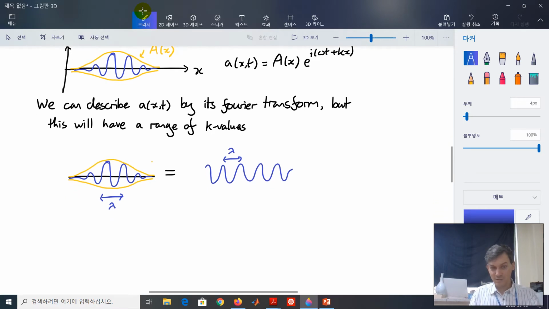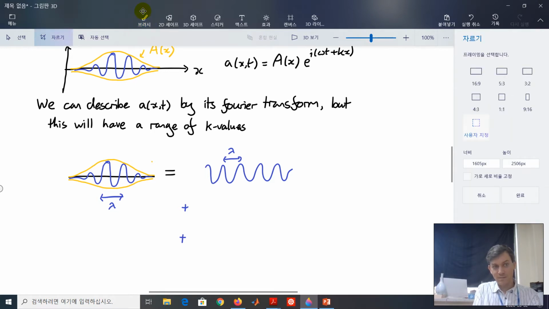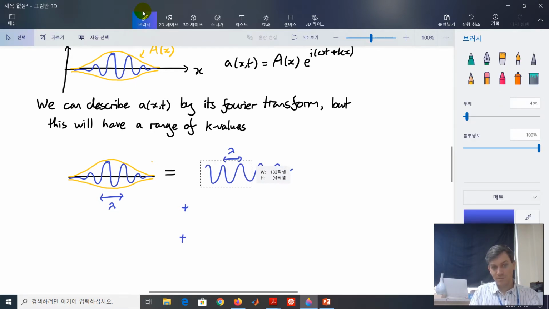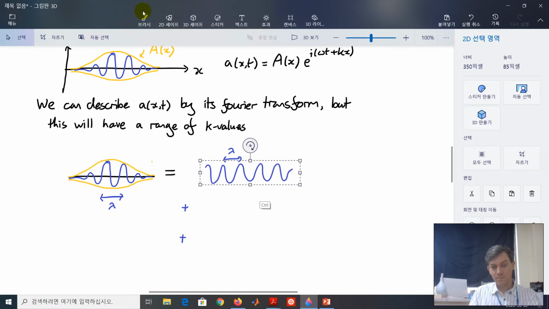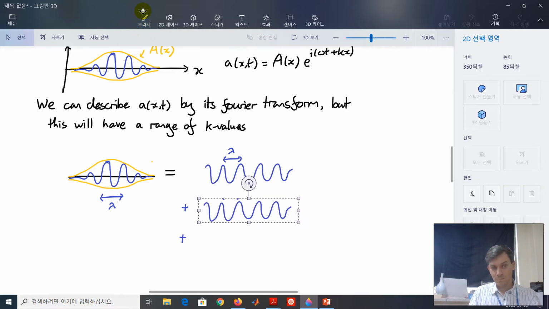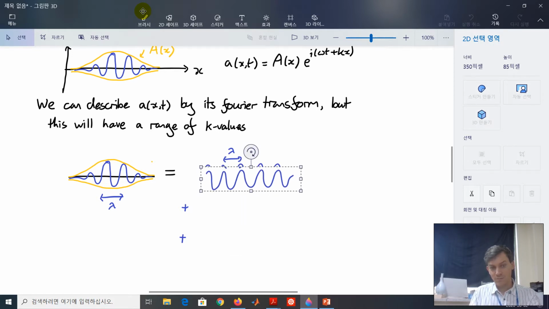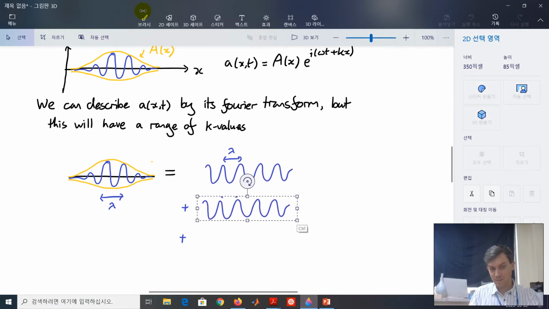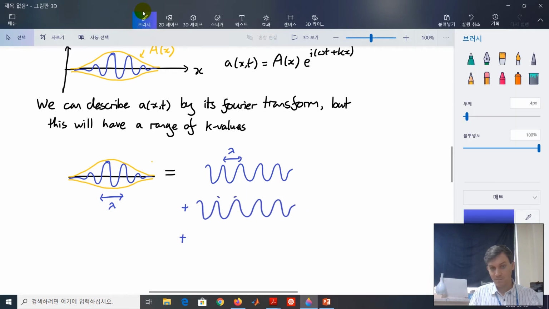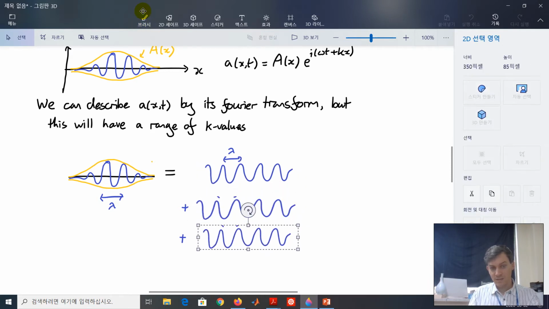But you add on to this waves of slightly greater and lesser frequencies. So this is one with a slightly greater wavelength, and one with a slightly lesser wavelength.